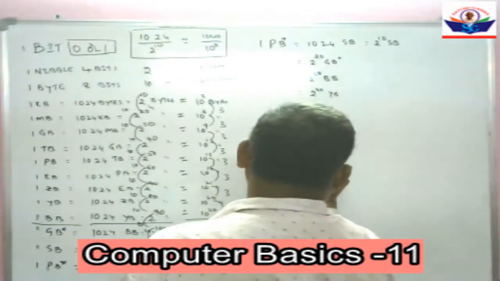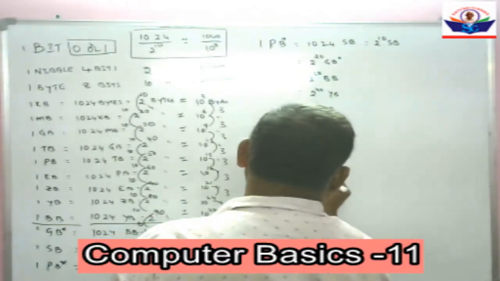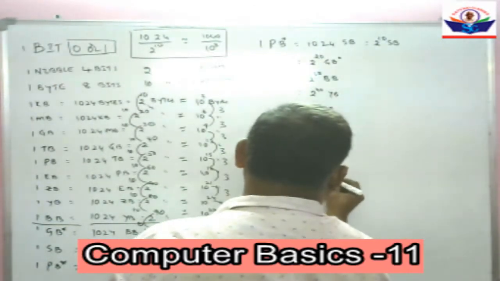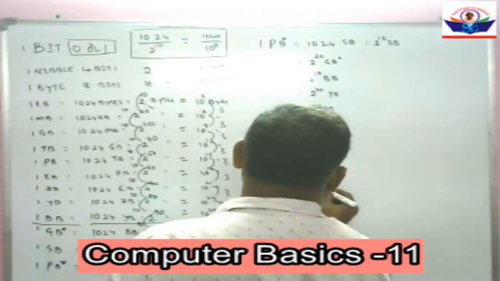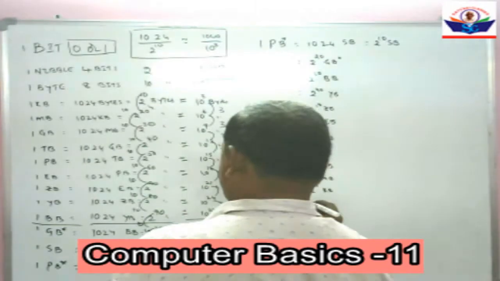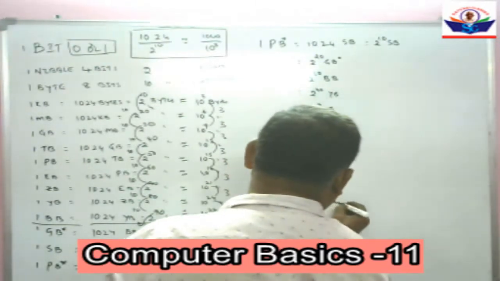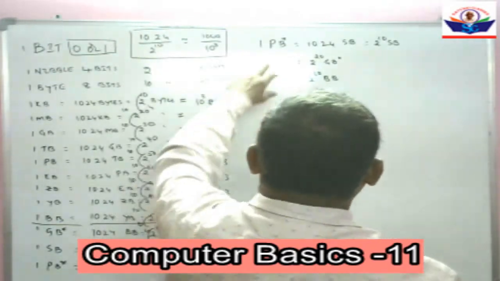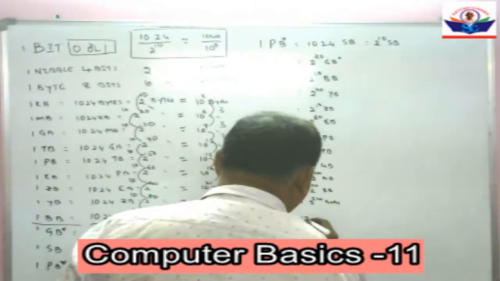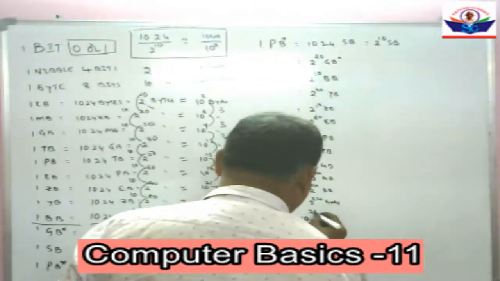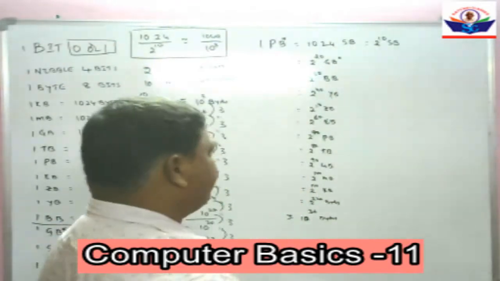That is equal to 2 to the power of 90 gigabytes. That is equal to 2 to the power of 100 megabyte. That is equal to the power of 110 kilobytes. That is equal to the power of 120 bytes, which is approximately equal to 10 to the power of 36 bytes in base 10.